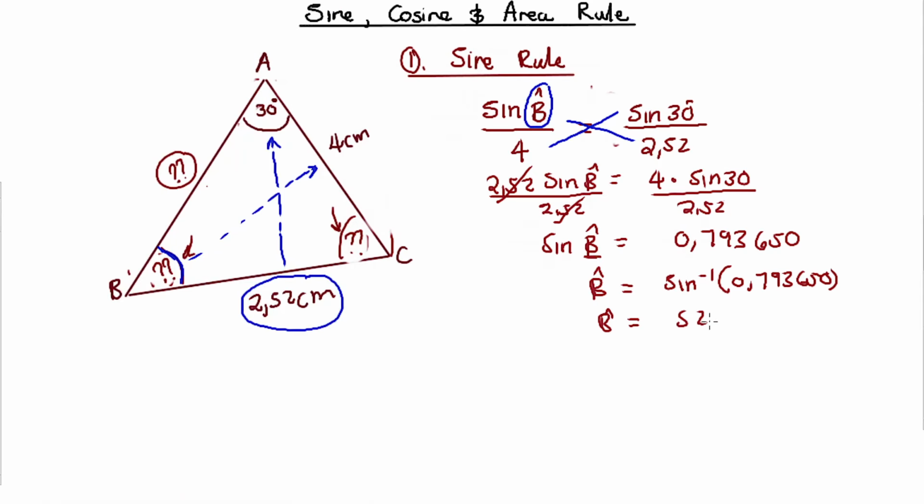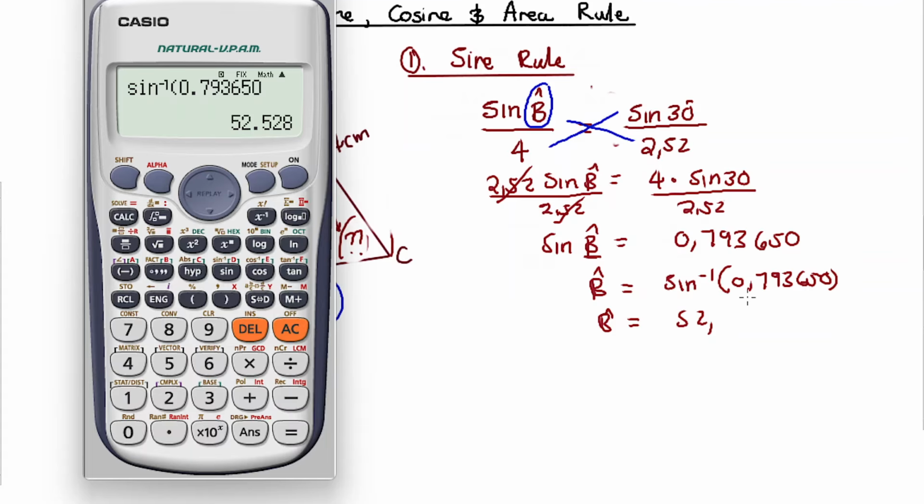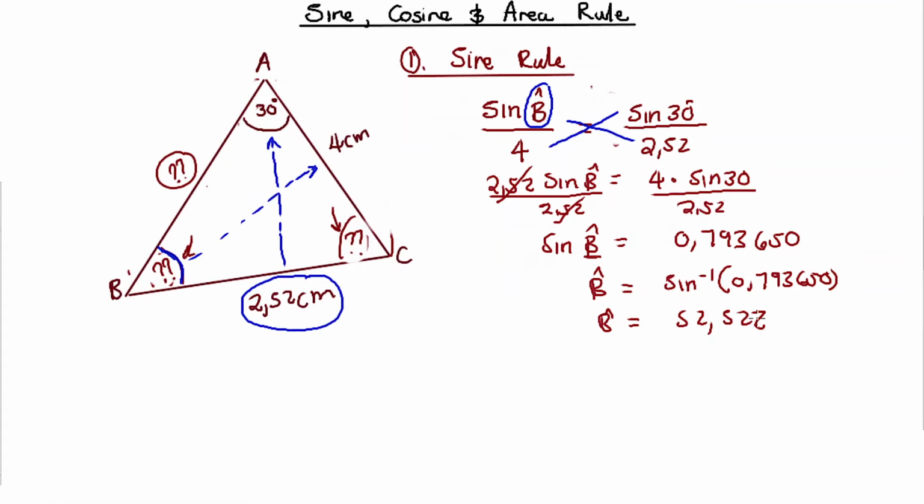So angle B is 52.528 degrees. So inside this triangle I have two angles that are known and one unknown angle.